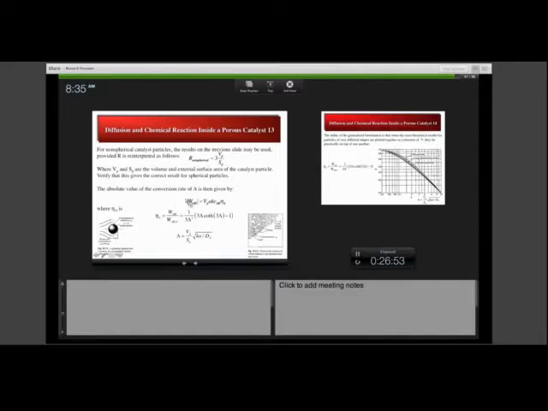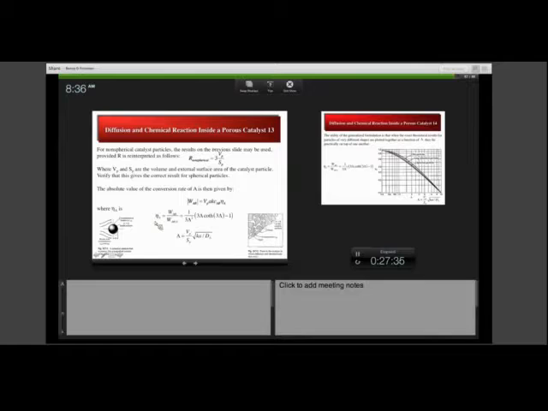If you have a non-spherical particle, say a catalyst pellet in the form of a cylinder, or particles in the forms of cubes, zeolite particles and so forth, these results apply as long as we interpret the radius of those non-spherical particles as the effective radius, which is 3 times the volume of the particle divided by the external surface area. You should verify that this result, for spherical particles, gives an effective radius equal to the radius of the particle.